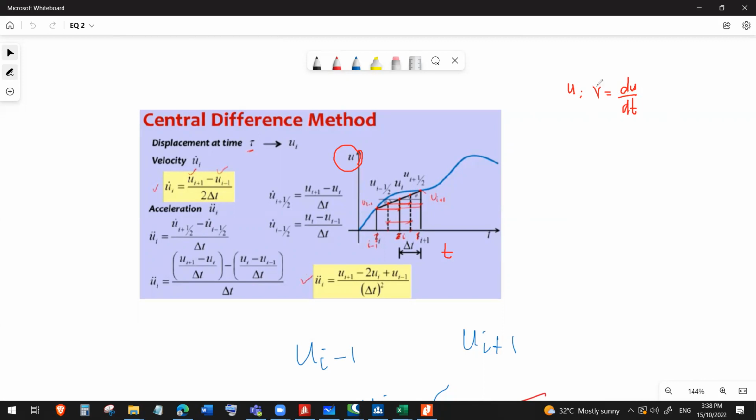Okay, so the velocity is basically the first derivative of u, or displacement, with respect to time. And then acceleration is the first derivative of velocity with respect to time, or therefore this is d squared u over dt squared.